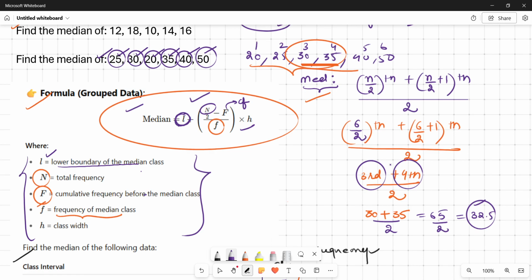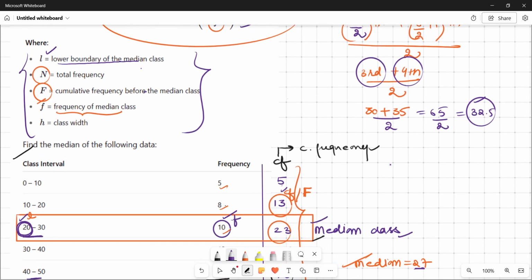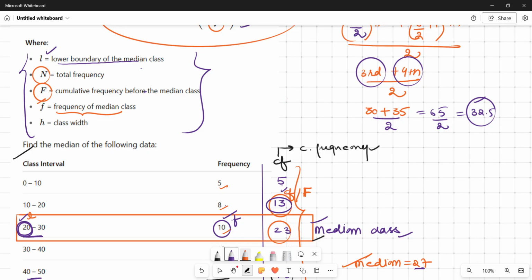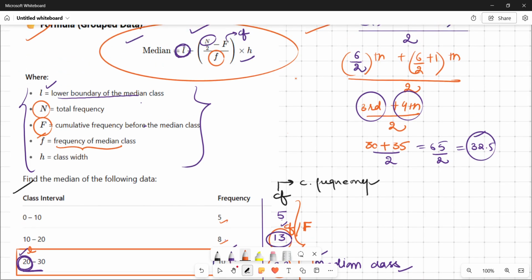This CF is the cumulative frequency of the class preceding the median class, that is, the class before the median class. The F, with which we are dividing our expression n by 2 minus CF, stands for the frequency of the median class, and H is the class height.